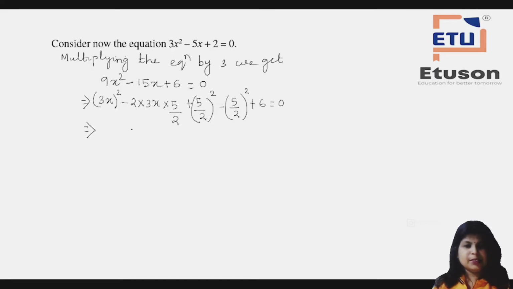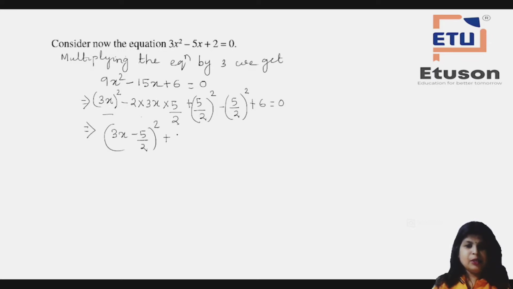Now you can see the first, second and third terms. If you combine them together, what does it represent? It represents a minus b whole square. Correct or not? So that is 3x minus 5 by 2 whole square. Now let us sort out the other constant part, that is minus 5 by 2 whole square plus 6.